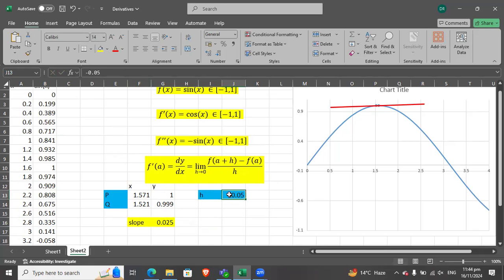And if I go some further back, minus 0.5, clearly the slope value is positive before the point P, and after point P, the slope value is negative.